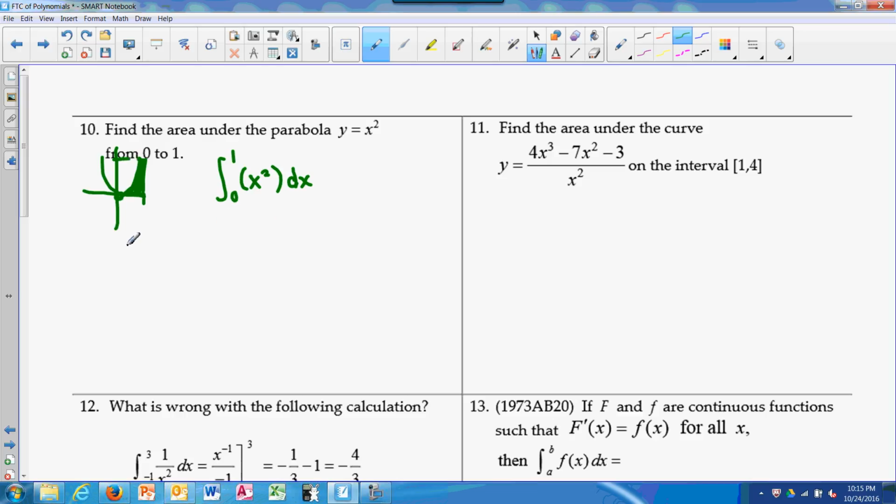So we integrate, we get x cubed divided by 3 from 0 to 1. Using the fundamental theorem, I substitute in and I get 1 cubed is 1 divided by 3. 0 cubed is 0 divided by 3. 0 on top is just 0, not undefined. So the exact area is 1/3.